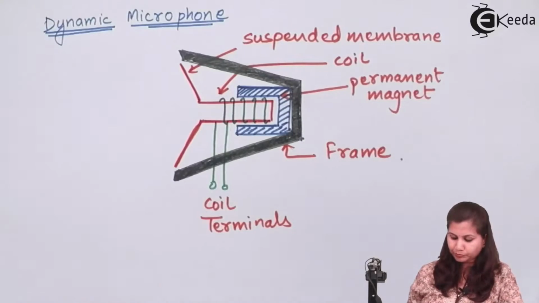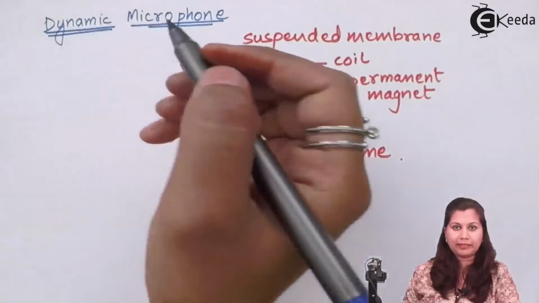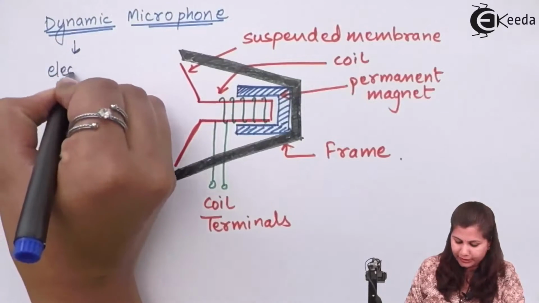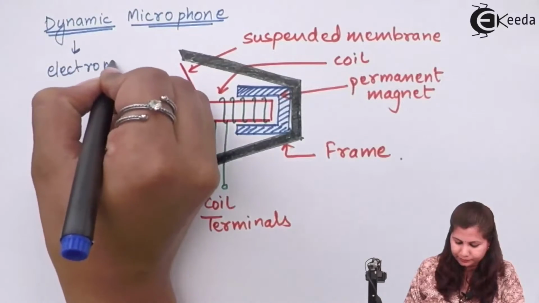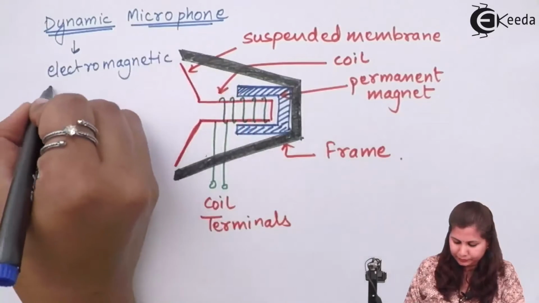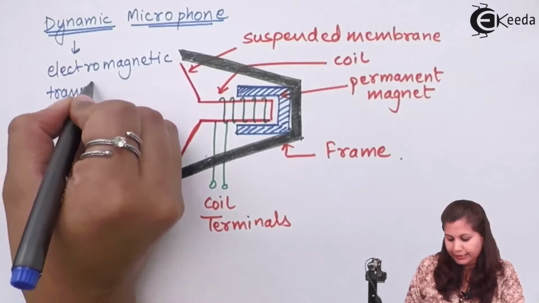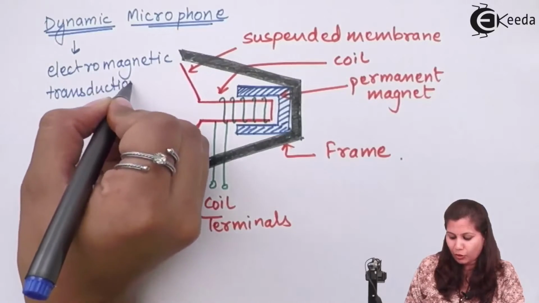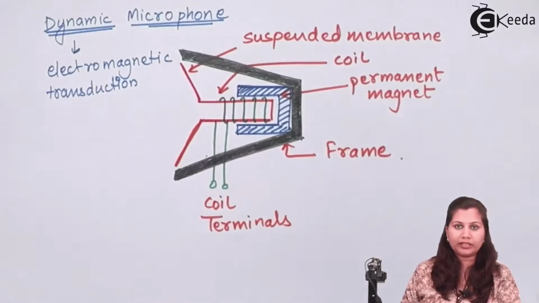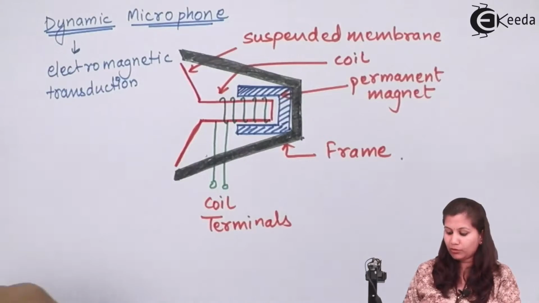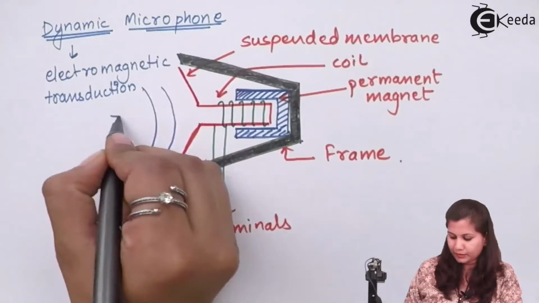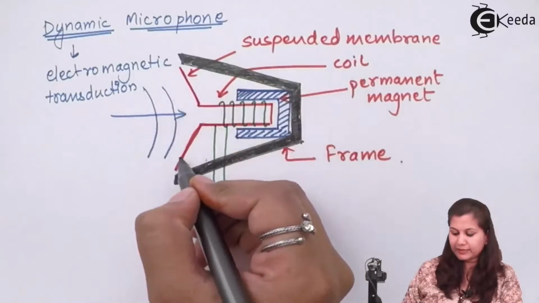These dynamic microphones work on the principle of electromagnetic transduction, and this principle says that when a coil is moved in a magnetic field, an alternating voltage is generated. Now, the sound waves come in contact with this membrane.